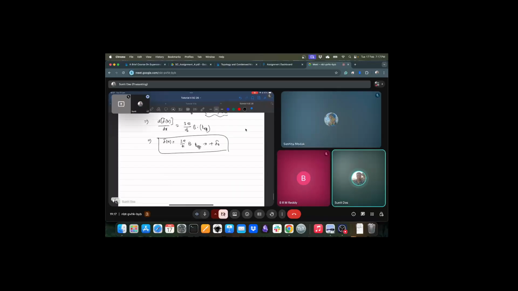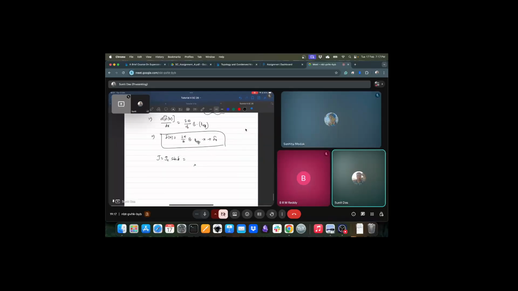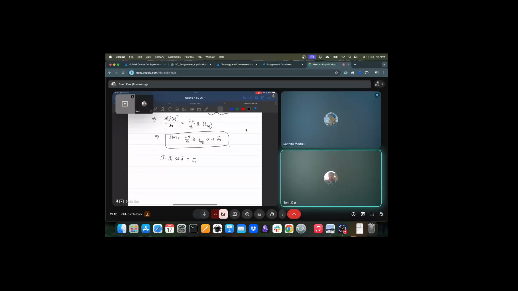In the Josephson junction, now plug this into the current equation we had. The current density was J equal to Jc or J0 sine delta. So this will be equal to Jc sine of 2 pi B T effective x by phi 0 plus delta 0.